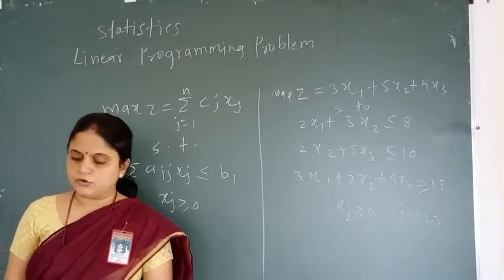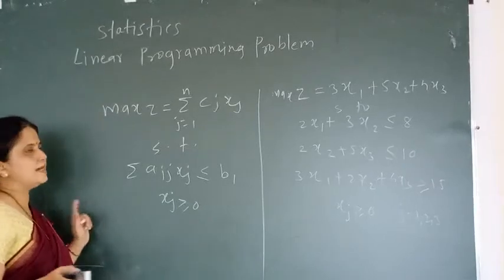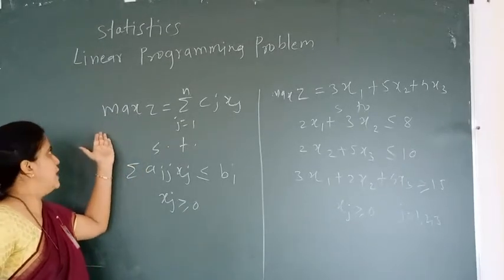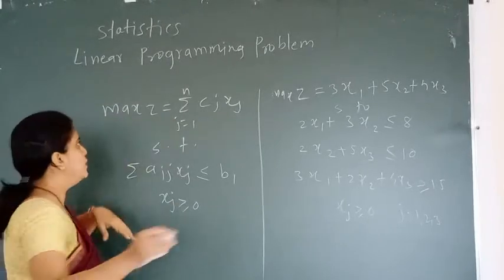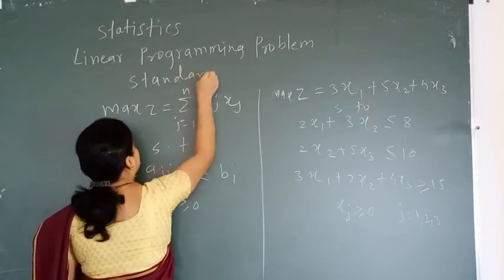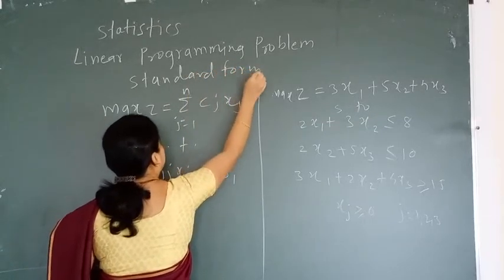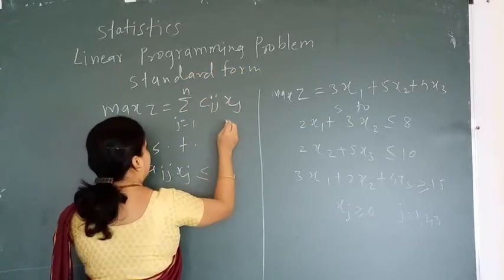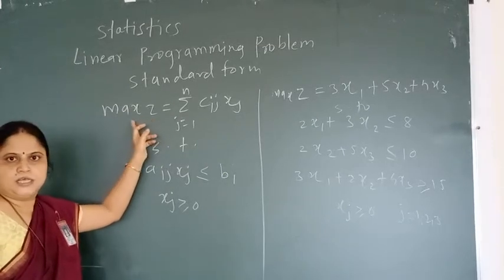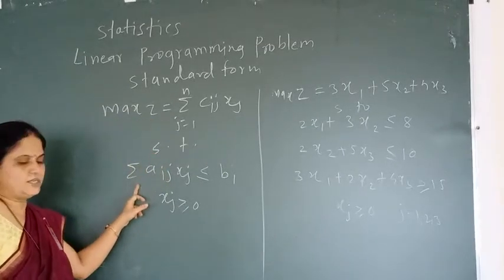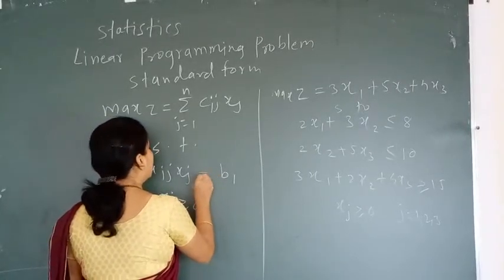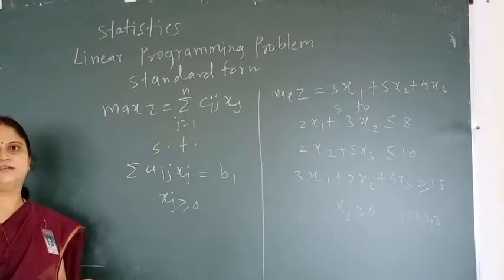Okay. And what about the standard form? In the standard form, I have the objective function as it is, that is maximize z equals summation of Cj xj. Okay, standard form. So maximization is as it is, subject to constraints. Only over here, instead of less than or equal to, I have the equal to sign in the constraint part.